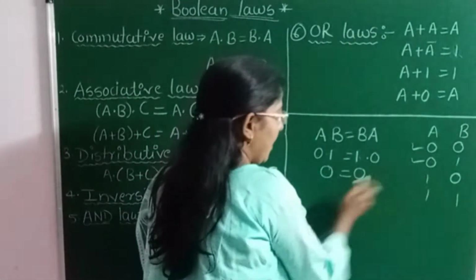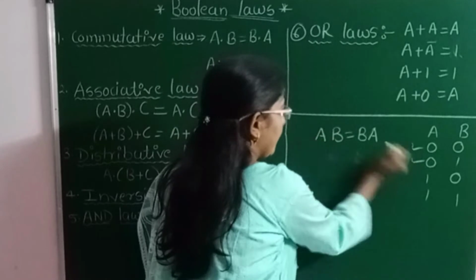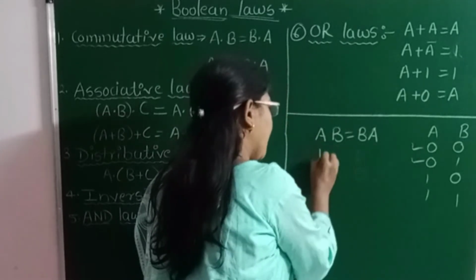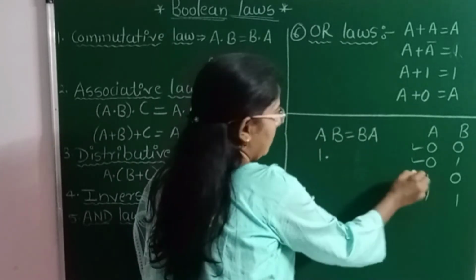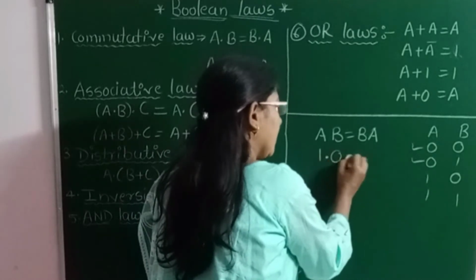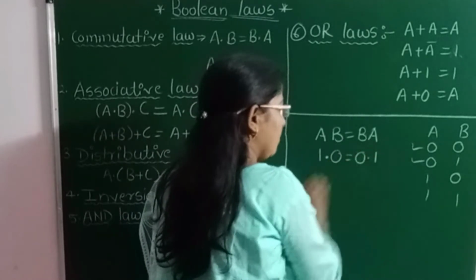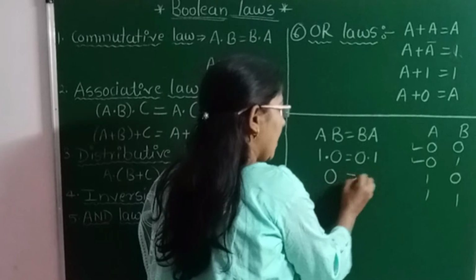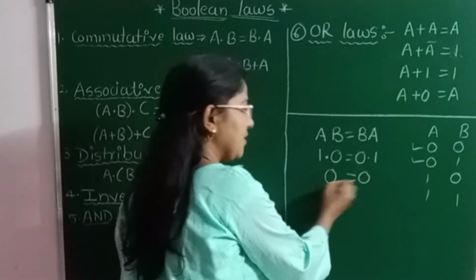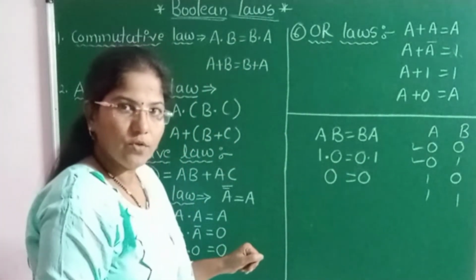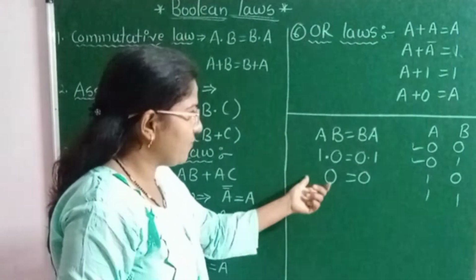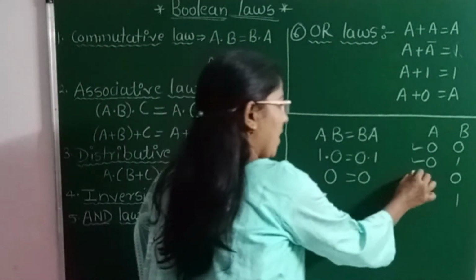The value of A is 1, then B is 0. B is 0 and A is 1. So 1 into 0 is 0, and 0 into 1 is 0. So 0 equal to 0. So we have proved this law is correct for the input combination 1, 0 also.